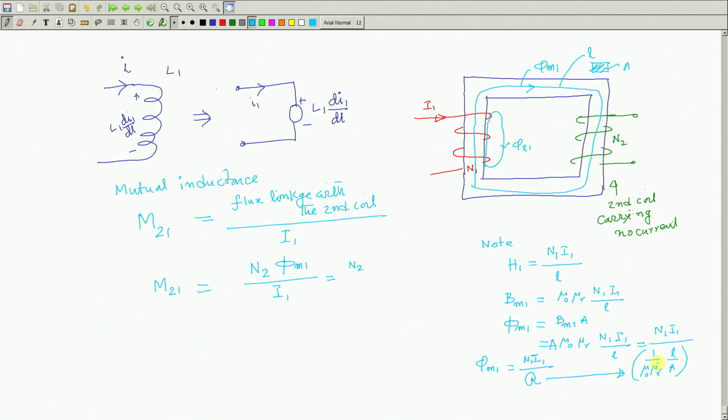So, this one is nothing but N2 into 1 by I1, and for phi m1 I can write N1 I1 by reluctance, where R is the reluctance of the magnetic circuit. So, M21 will simply become equal to N1 N2, the product of number of turns, divided by reluctance, that is all, M21. Just note it. Now, the way I have defined mutual inductance, it is in this fashion.